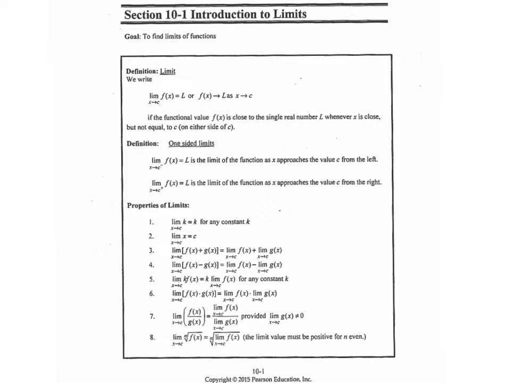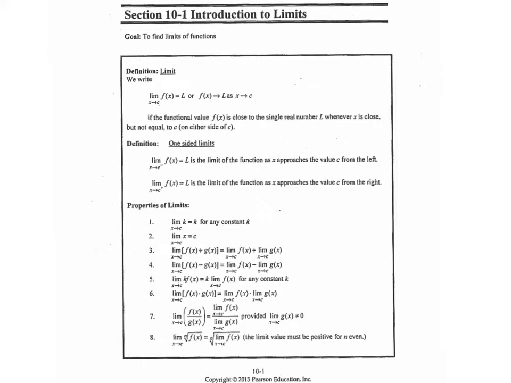Does it matter where I am for my x value? Do I know what y is always going to be? It is. It will be 2. So if you're taking the limit of a constant, the limit will always be that constant because it is just a horizontal line. Every y value on that line is going to be the same.